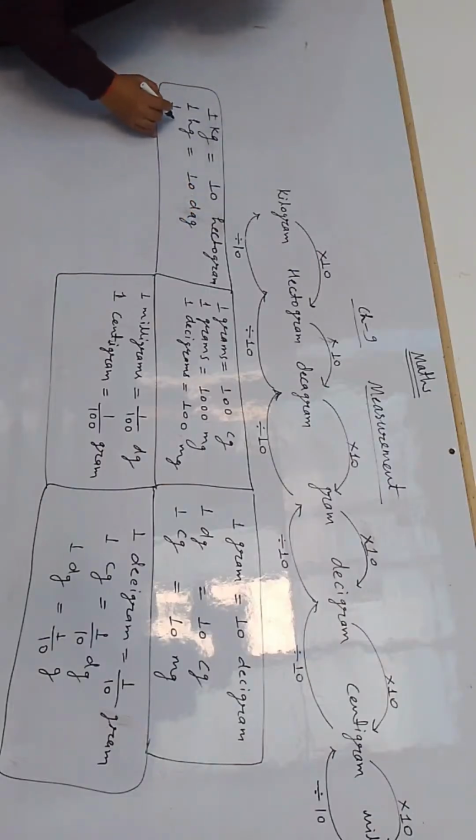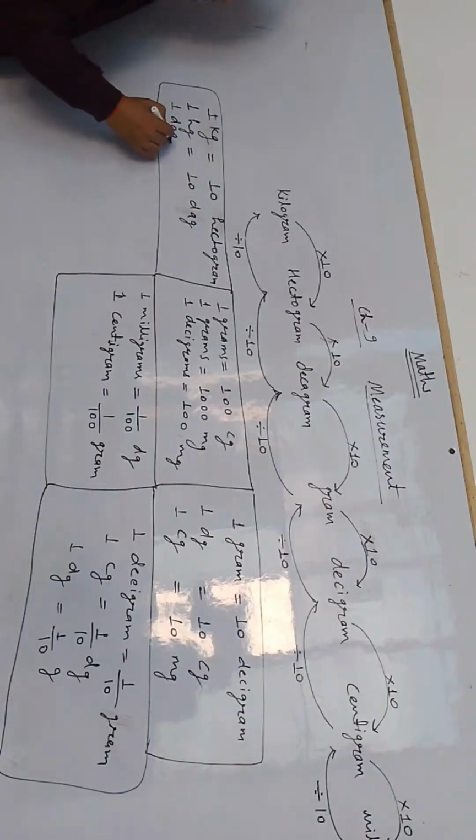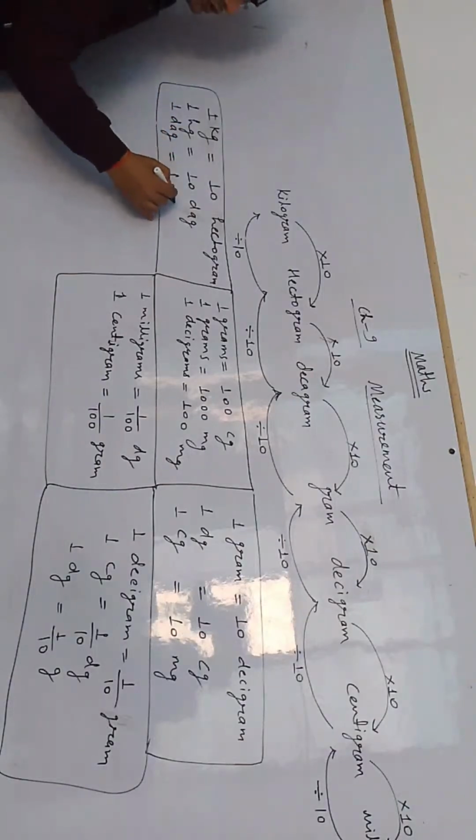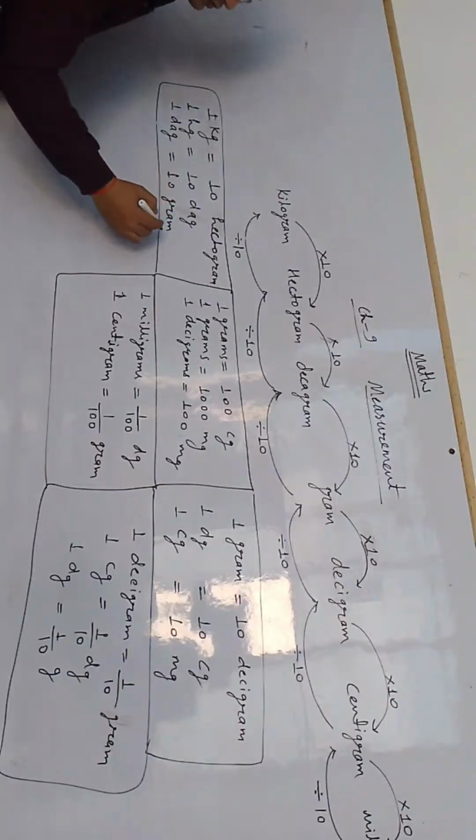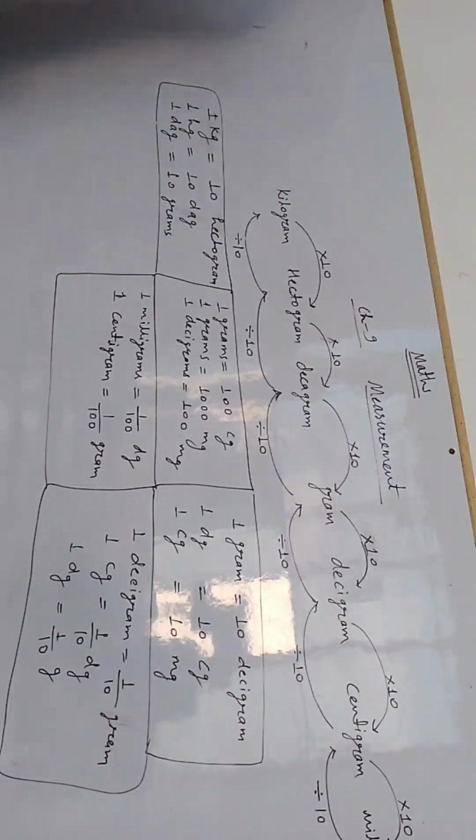And 1 decagram is equal to 10 gram. Simply we are multiplying by 10.